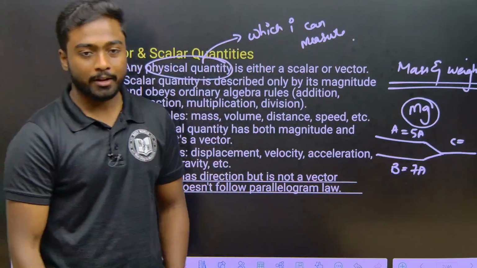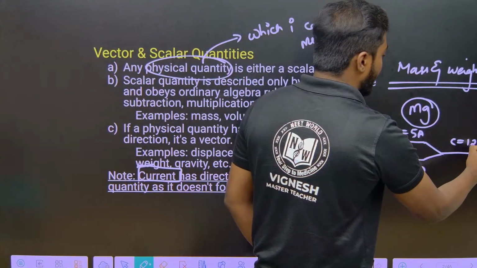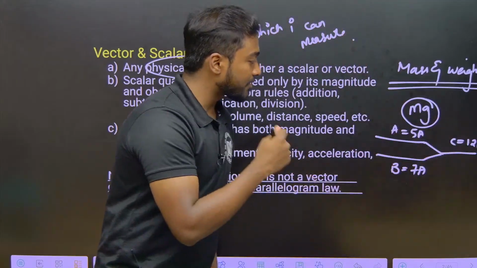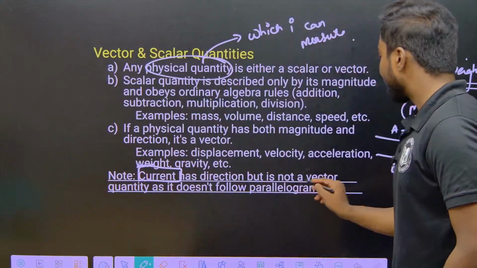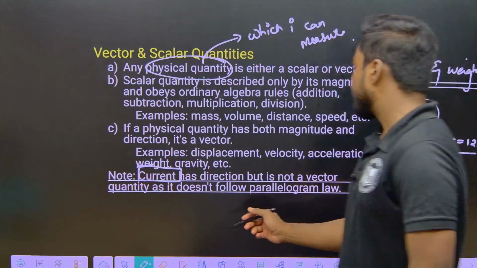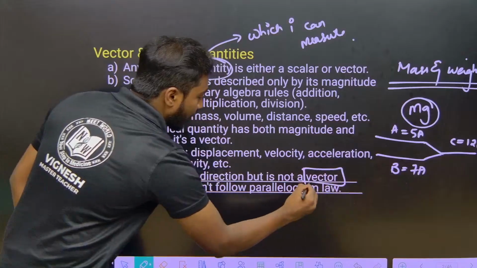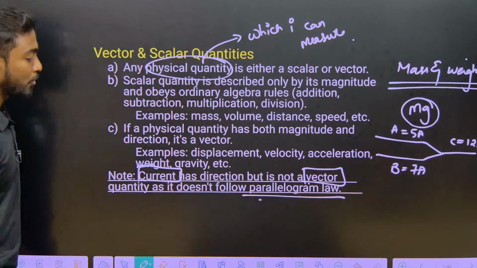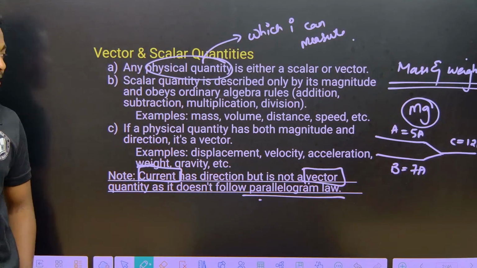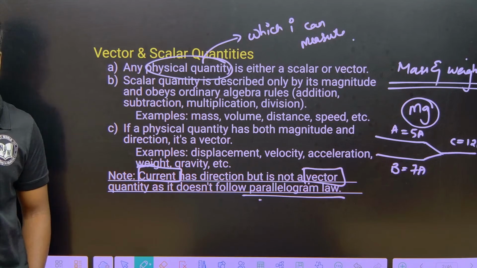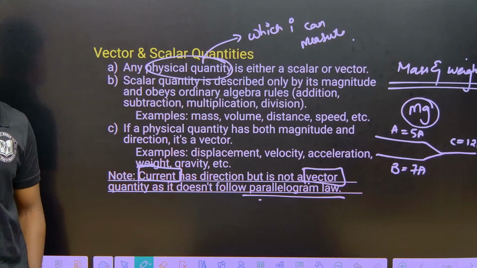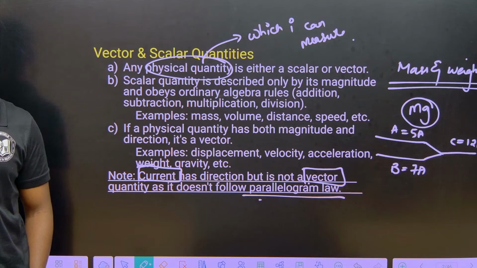The total current, 12 ampere. In this case direction of the current is there, but it is a scalar quantity, because it does not follow the vector rule, that is the parallelogram law of vectors. Current has direction, but it does not follow the vector law, and so it is a scalar quantity.